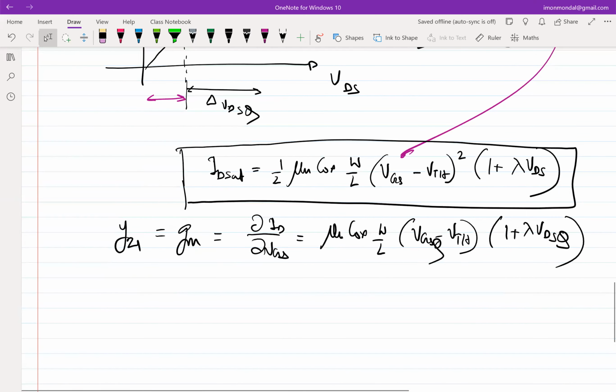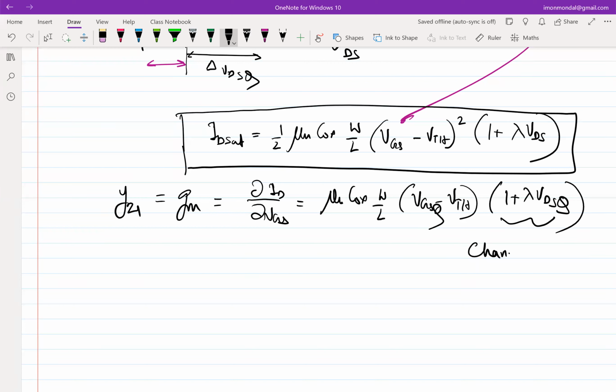So this term appears because of channel length modulation, or popularly abbreviated as CLM. So in an ideal device, the effect of channel length modulation is negligible, right? It's absent. In a real device, it will be present, but do you think it will be dominant or it will be not that dominant? It will not be, I mean, we can expect it to be not that dominant.